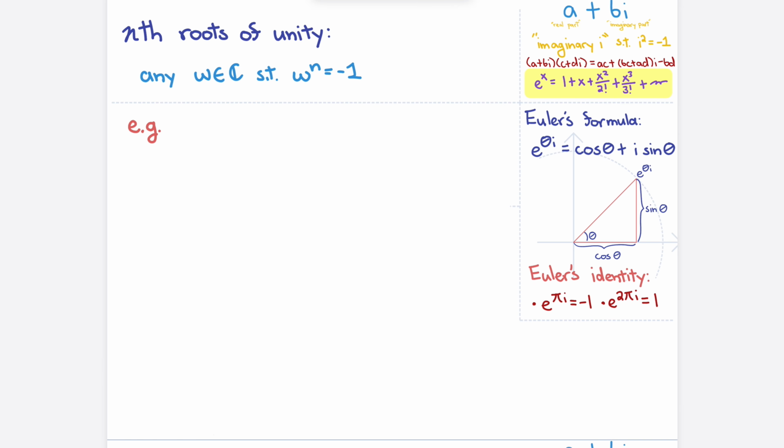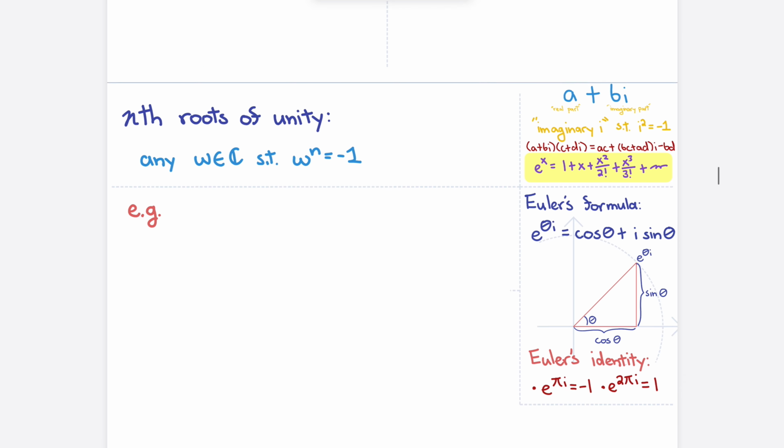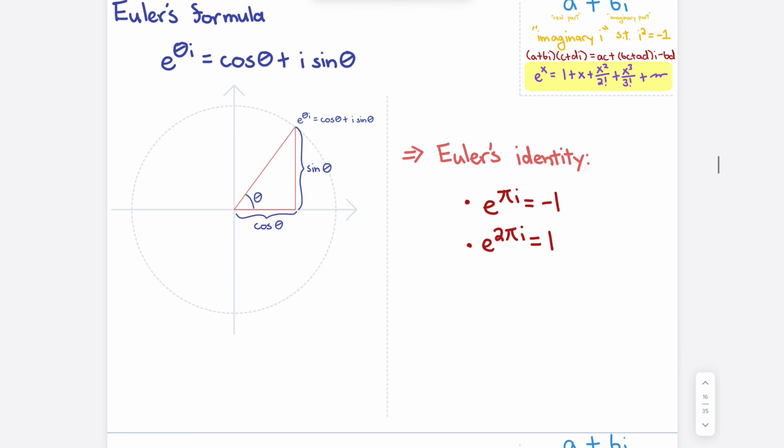So what are some examples of roots of unity? e to the what? Yeah, pi. Okay, that's pretty sophisticated. So somewhere up along this circle, pi over 4. That would put you pretty close to here, something like this.